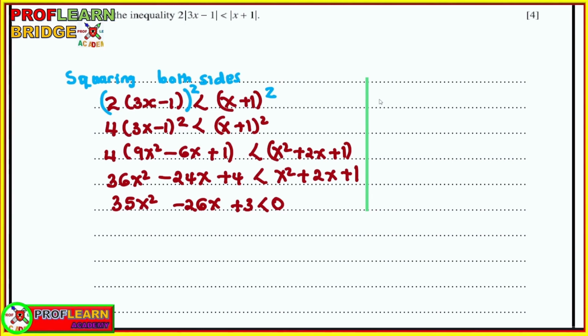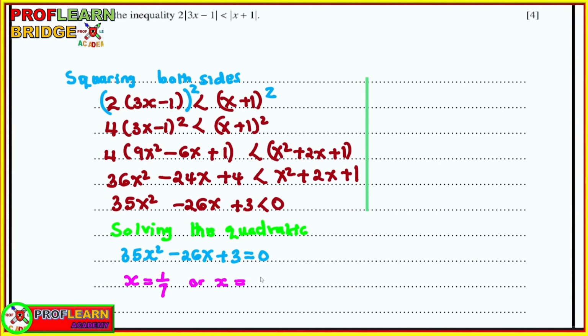You can use different methods of solving this quadratic equation because this video is not based on how to solve a quadratic equation, so I'm just going to give you the answers. The first value of x is 1/7, and the second value of x is 3/5.